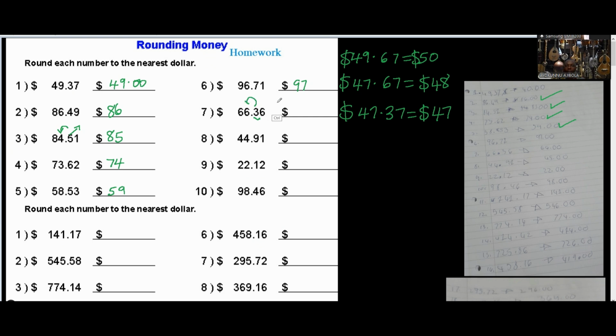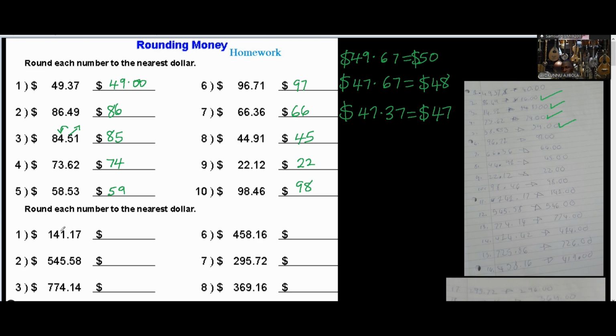So this remains 66. While this is 9, it can affect the 4 to become 5, and this becomes $45. Then this is 22 because it's 1 that is next to it. And this is 98 because this is 4. So that's $98.